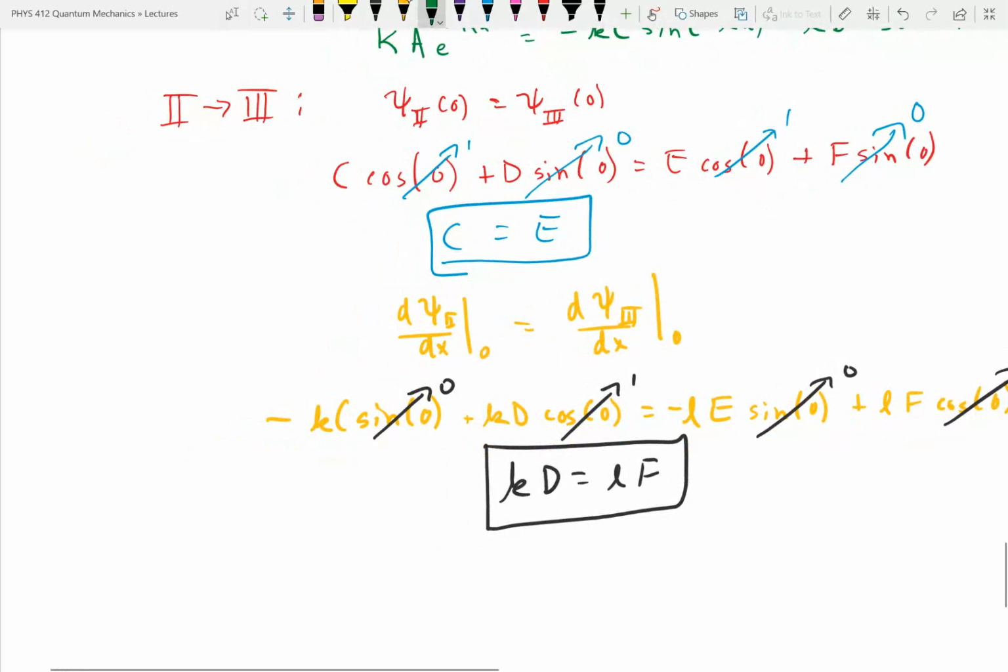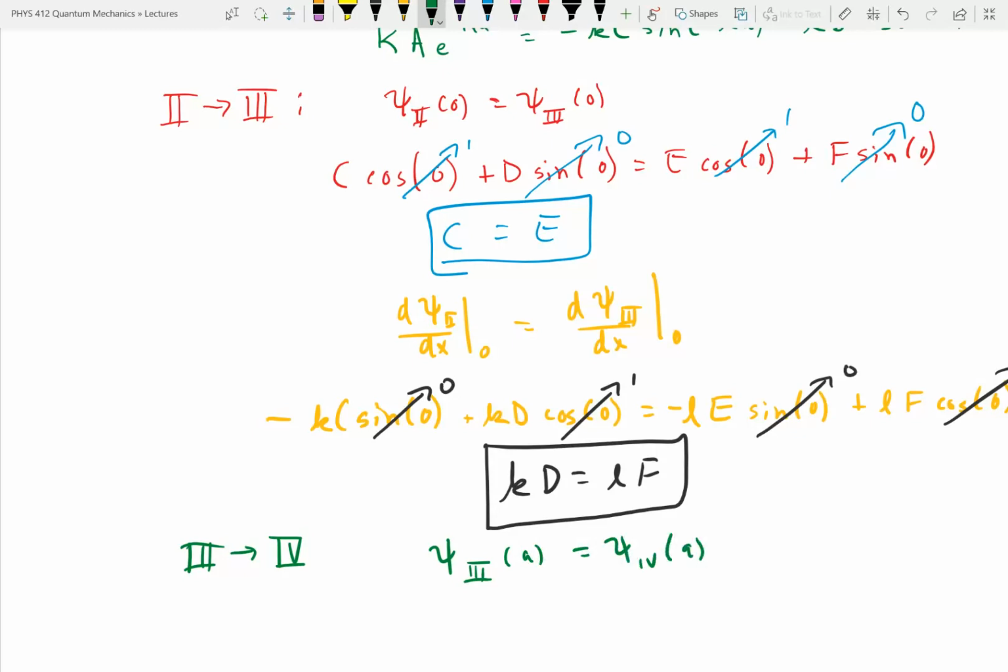The last one is at A. Whoops, did that backward. And I put K's instead of L's. Right?